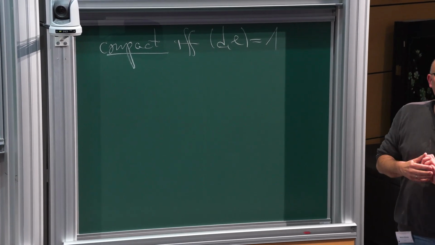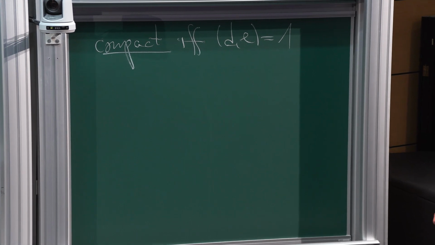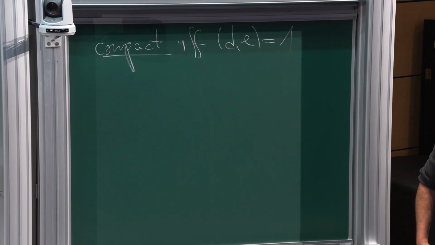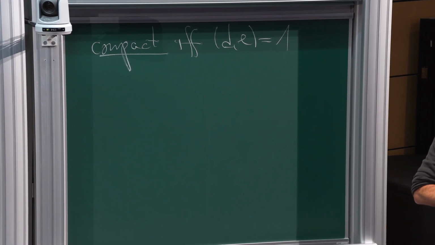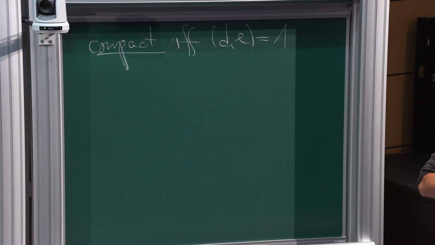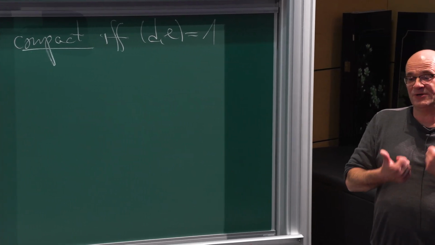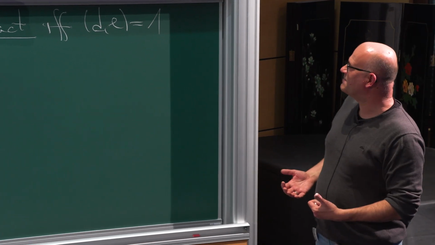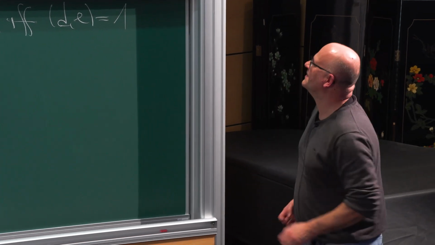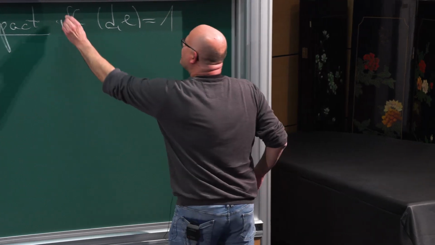If you have ever encountered moduli spaces of vector bundles on curves, then you know such coprimality assumptions. It's the coprimality of rank and degree of vector bundles which ensures that you have moduli spaces which are compact manifolds. And that's similar.